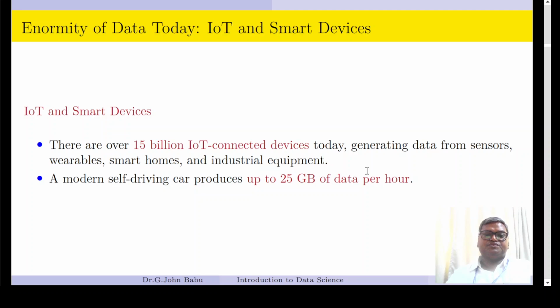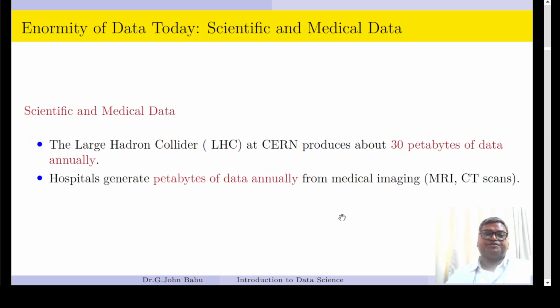And a modern self-driving car produces 25 GB of data per hour. Something like CERN, the Large Hadron Collider research center, produces about 30 petabytes of data. Hospitals generate petabytes of data annually with MRI and CT scans.